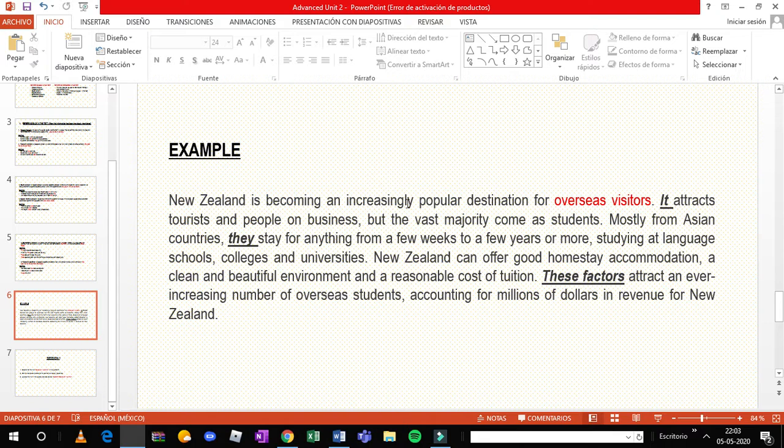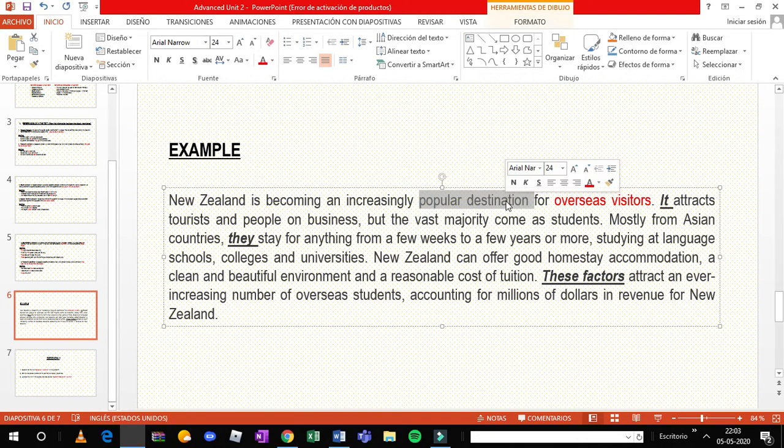What else? Popular destination. It attracts tourists and people on business, but the vast majority come as students. Popular destination? I don't think so. In this case, it refers to New Zealand.